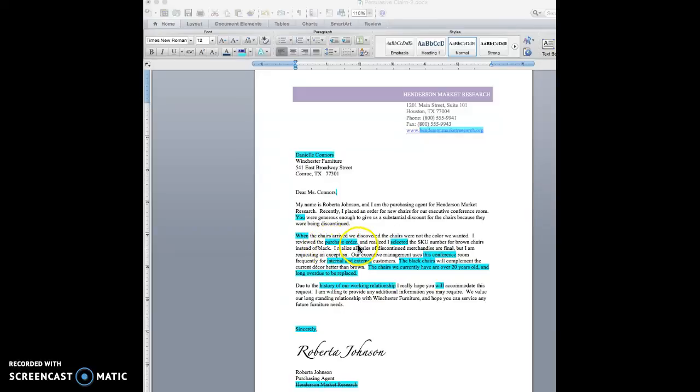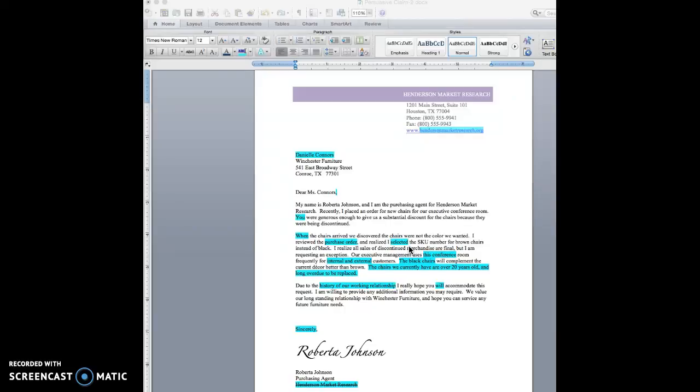I reviewed the invoice or the sales receipt and I realized that I selected the SKU number for brown chairs instead of black. Selected sounds like there was a drop down menu, and maybe there was, and she simply selected the wrong SKU number, which I guess could have happened.